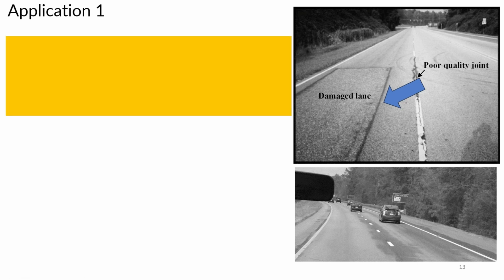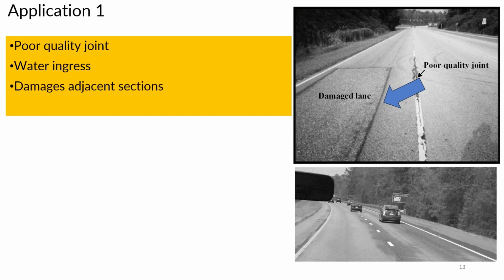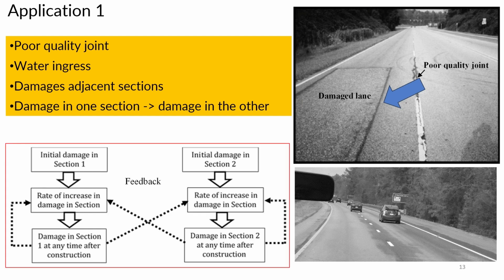How do we try to model this with system dynamics? We can see that the problem is the water ingress through the poor quality joint, which damages the adjacent sections. And then when one lane is damaged, the other lane also starts getting damaged, right? So here you can see a schematic of the problem.